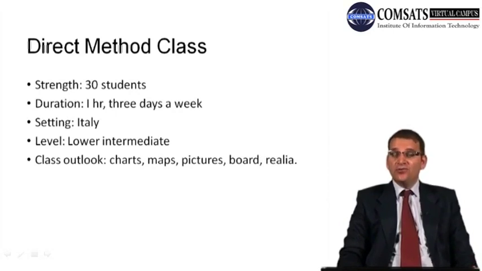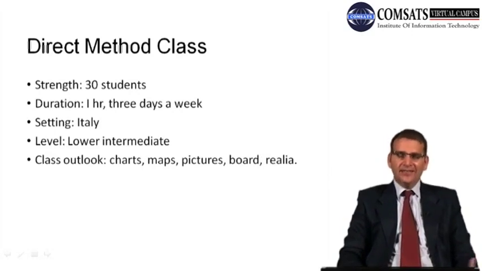My dear students, keep these things in mind, because once we move on, we have to make a lesson plan. In a lesson plan, we have to keep in mind at which level you are teaching, how many students there are, the duration of the class, how many hours you meet a week, and where you are, what the setting is, in fact. I hope you understand. Good.